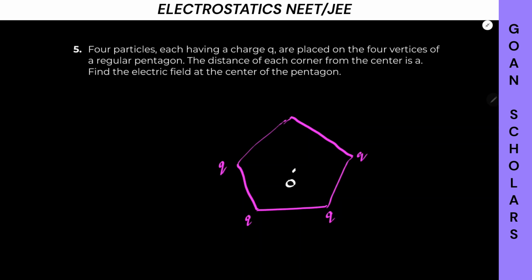So for the electric fields of the charges A, B, C, D, EA plus EB plus EC plus ED must equal the electric field due to the fifth charge. Let's imagine that the fifth charge is also Q, at a separation of a.